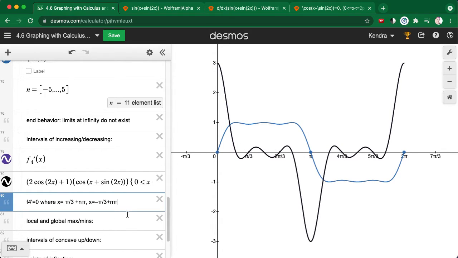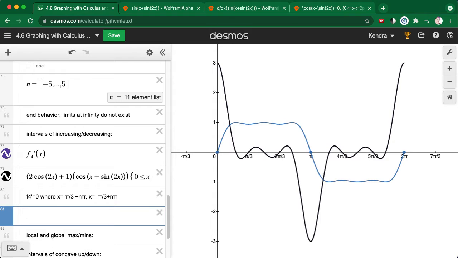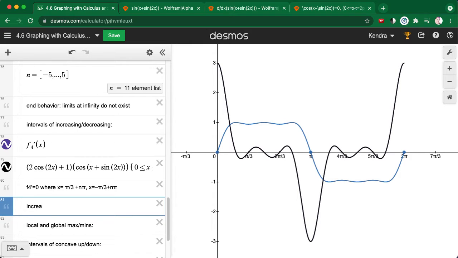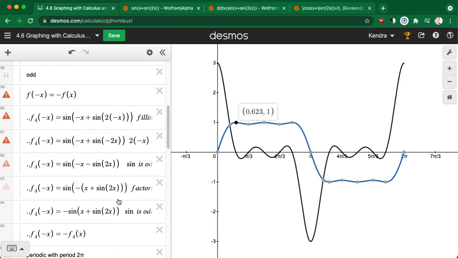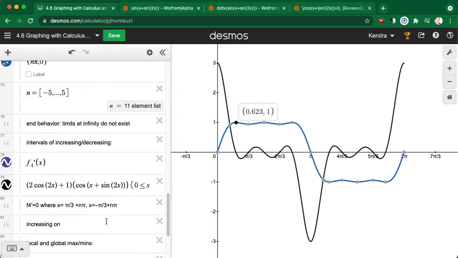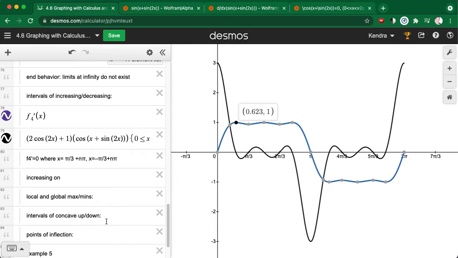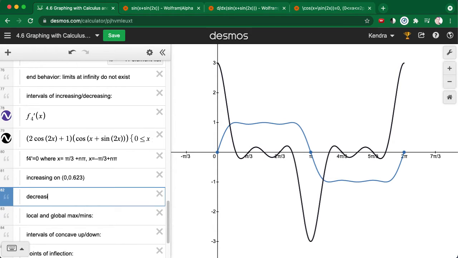And so we can see that the function is increasing on the interval from 0 to 0.623, and then it's decreasing on the interval from 0.623 to pi over 3.